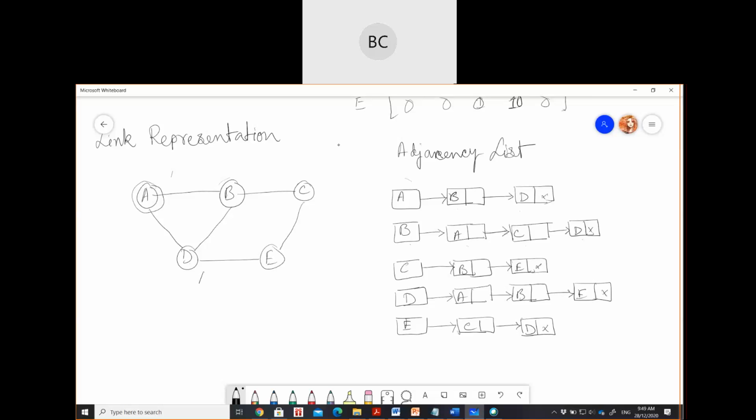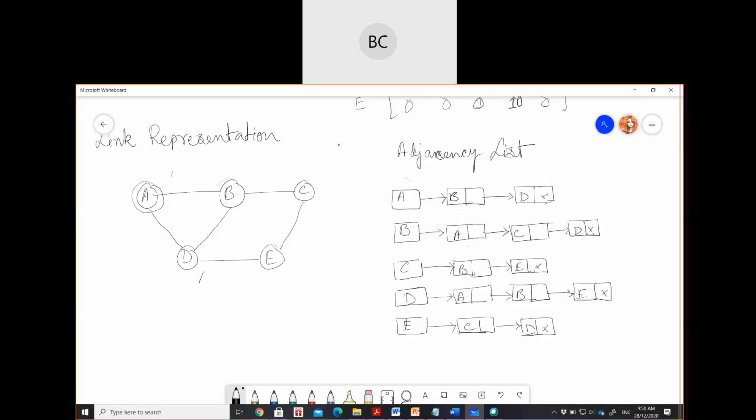It might be a bit confusing because in a linked list normally we go from one node to another, but that's not the case here. This adjacency list is only showing that from B you can go to these nodes. The sequence can be anything.